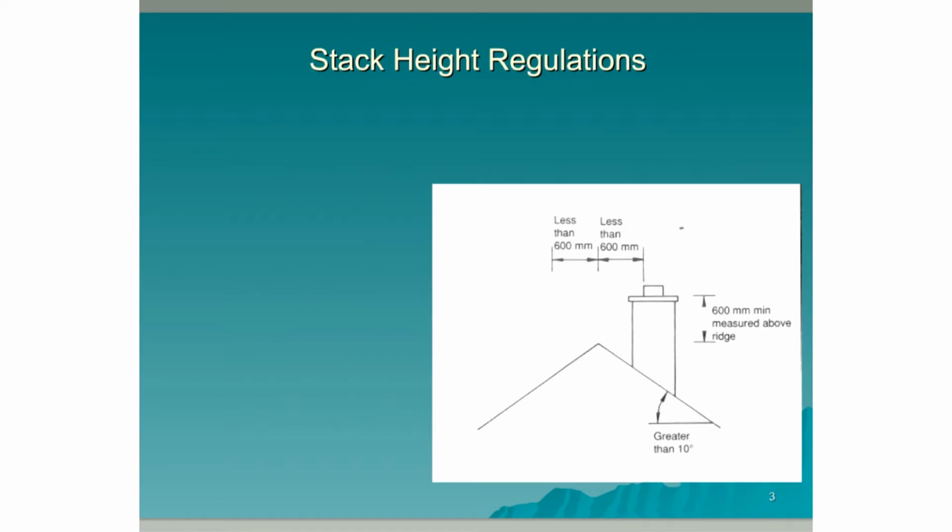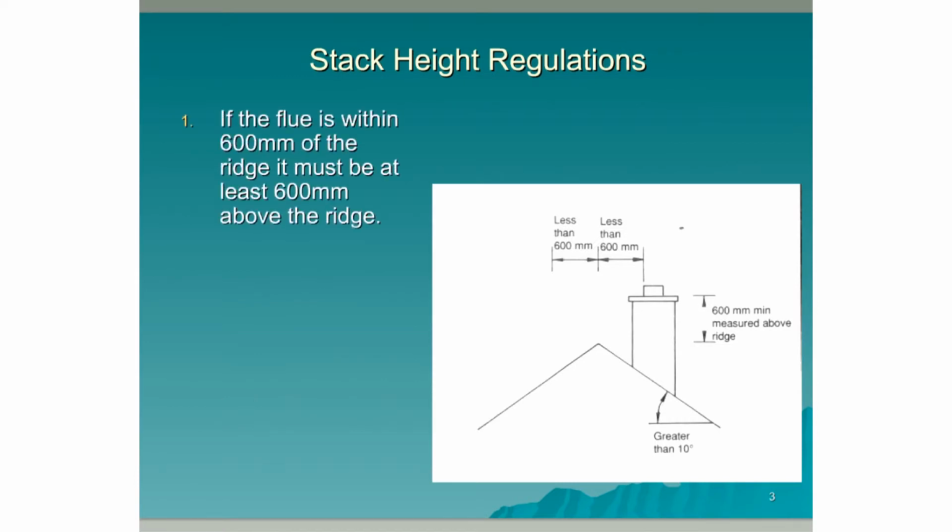Stack height regulations. If the flue is within 600 mm of the ridge, it must be at least 600 mm above the ridge.